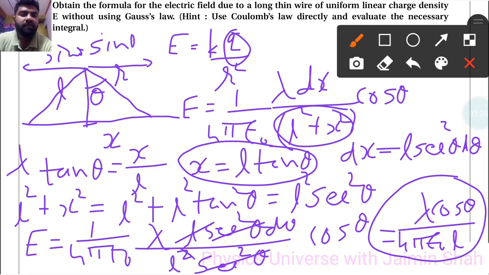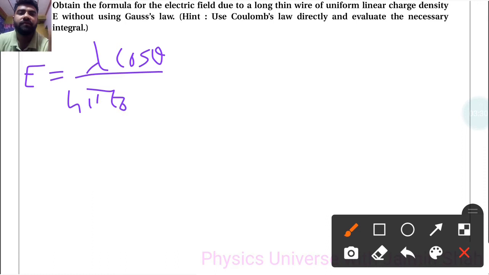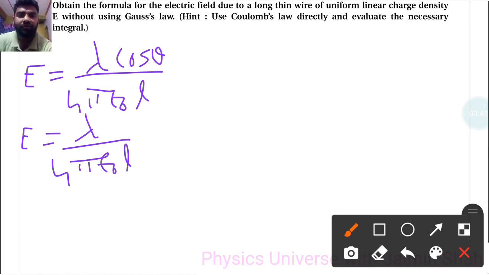The electric field we have is lambda cos theta upon 4 pi epsilon 0 into L. Now we have to integrate, because this is only for the x direction. So integrating both sides, lambda upon 4 pi epsilon 0 into L is constant, and the integration of cos theta d theta remains with d theta.